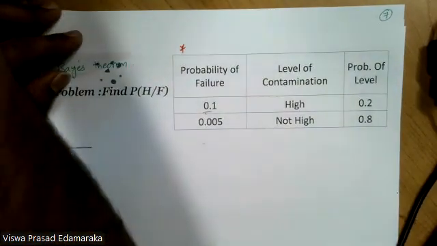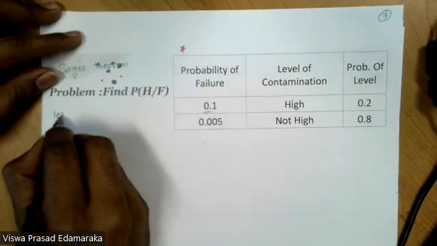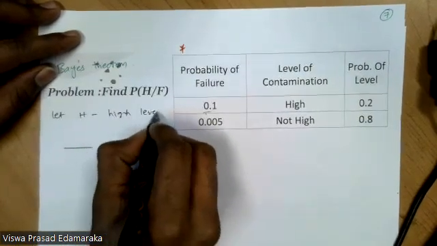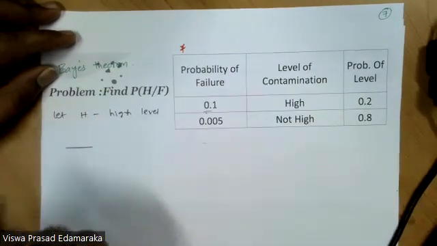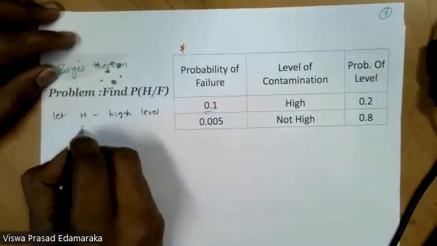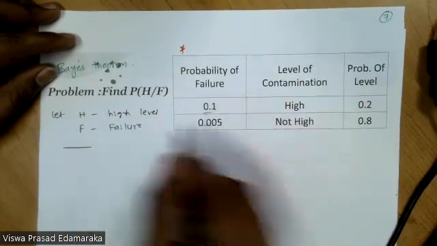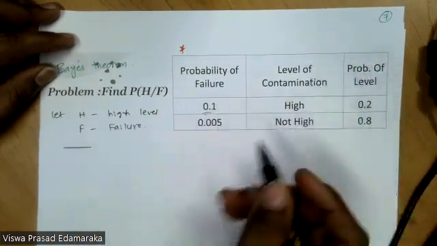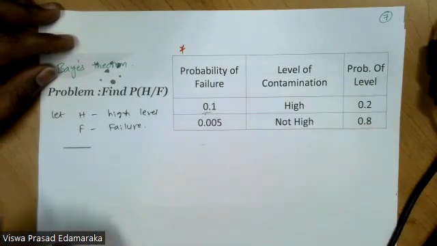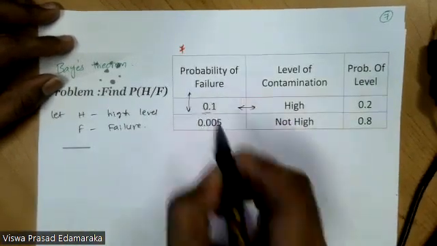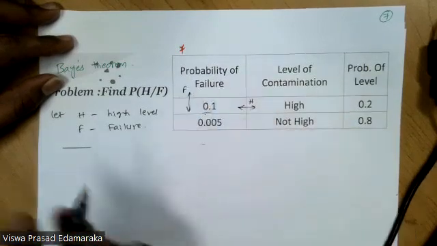Let H denote high level. Please listen carefully, this is a very important problem. F is failure, and H is high level.